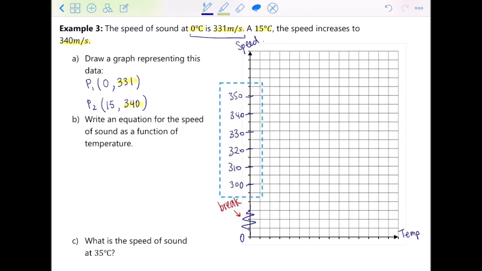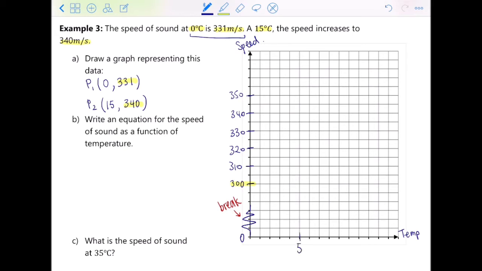So if I start at 300 here, and it's going up by 5 now. So this is why we could actually use the break to stretch these values up a bit so we can easily graph.